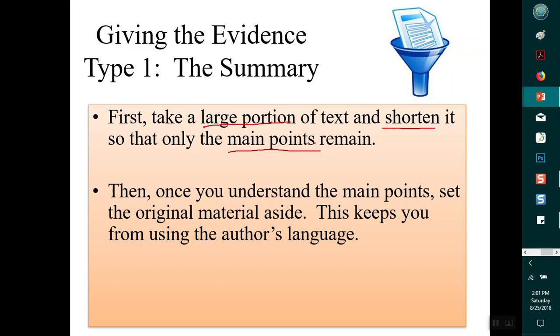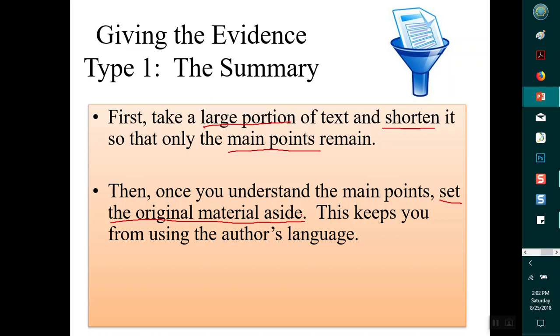Once you understand the main points, set the original material aside. What do I mean by this? Well, sometimes for an internet source, what I do is I keep the browser open, but I change tabs or I minimize a window wherever my information is, right? For a printed out source, I'll turn it over, but I'll keep the book near me so I can refer back to it.